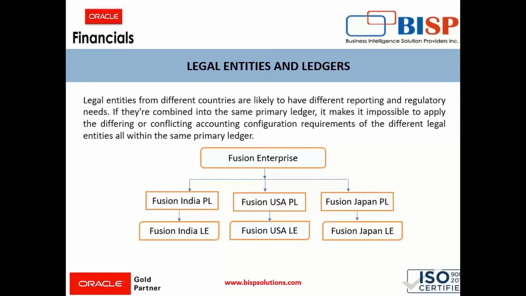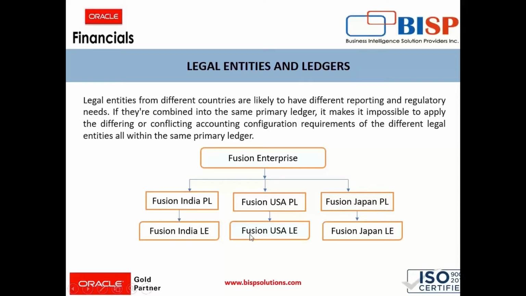Say in the following example, if India has the reporting currency as INR and USA has the reporting currency as USD, they cannot follow the same primary ledger. In the same way, if Japan is following some other chart of accounts than the one assigned to the USA primary ledger, then we cannot use the same primary ledger for both of these legal entities. So we have to link the corresponding primary ledger with the corresponding legal entity.